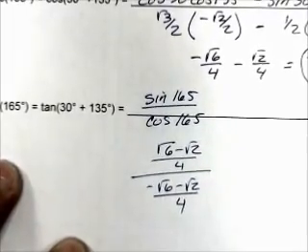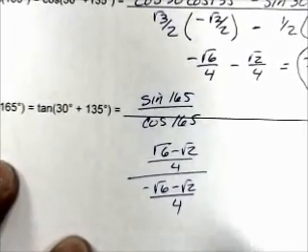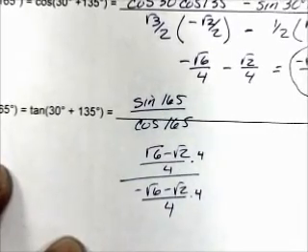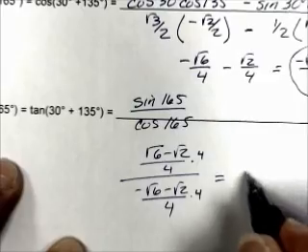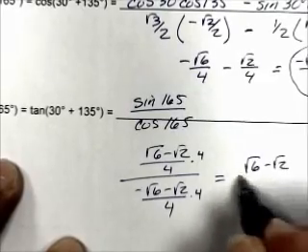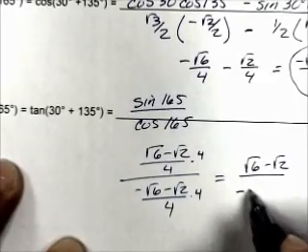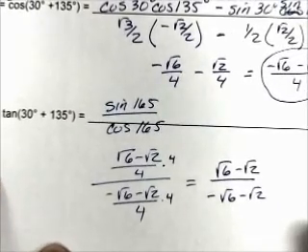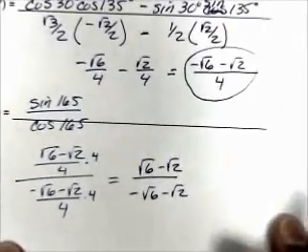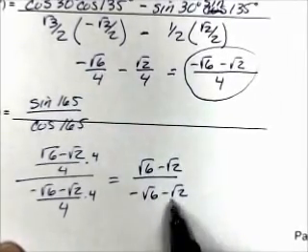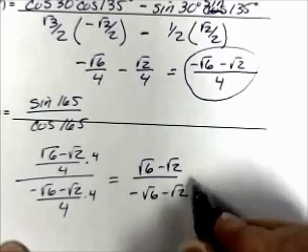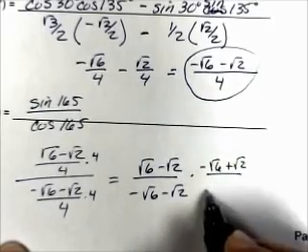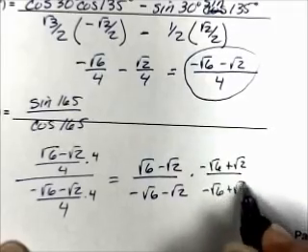The denominators are the same there, so they'll just divide out. It's the same as multiplying by 1 in the form of 4 over 4. So we have the square root of 6 minus the square root of 2 over negative square root of 6 minus the square root of 2. And yes, we would have to rationalize this denominator by multiplying by the conjugate of the denominator, negative square root of 6 plus the square root of 2 over negative square root of 6 plus the square root of 2.